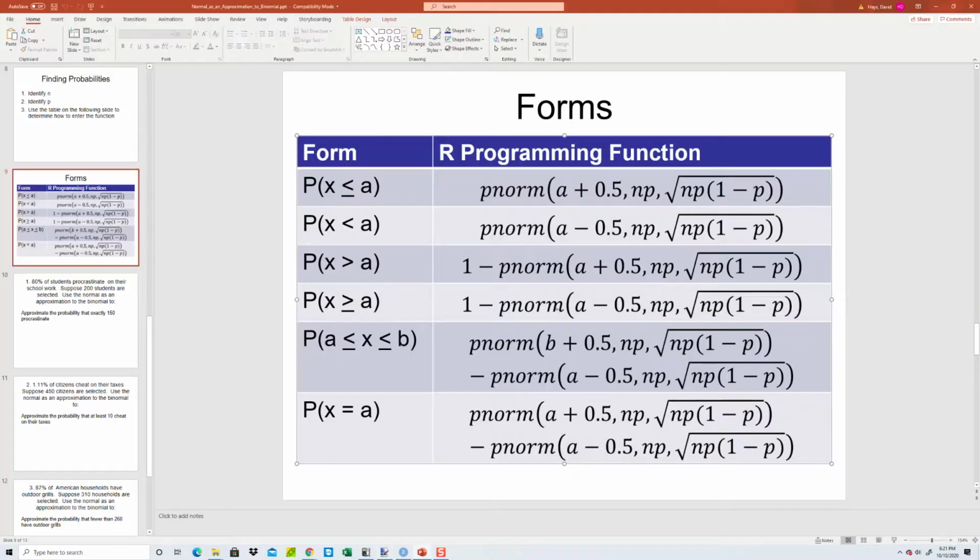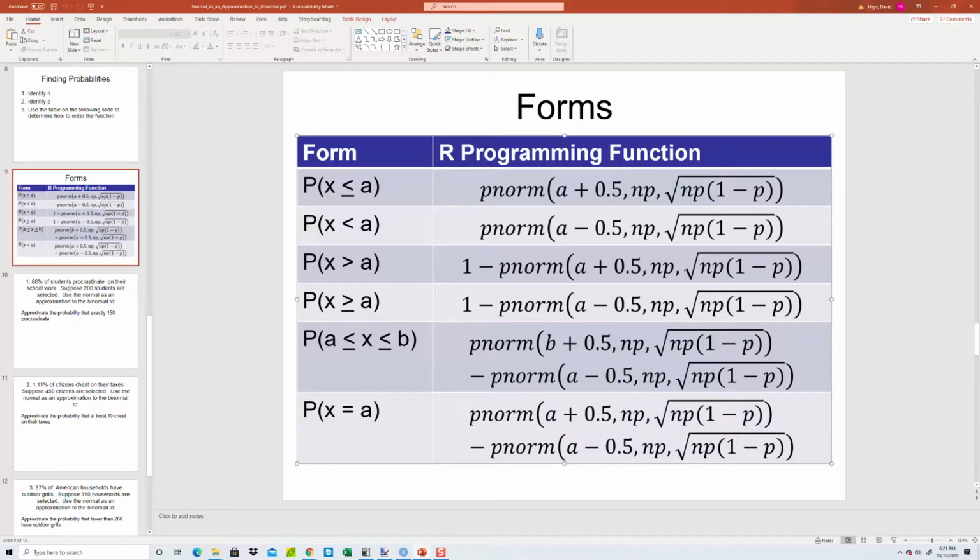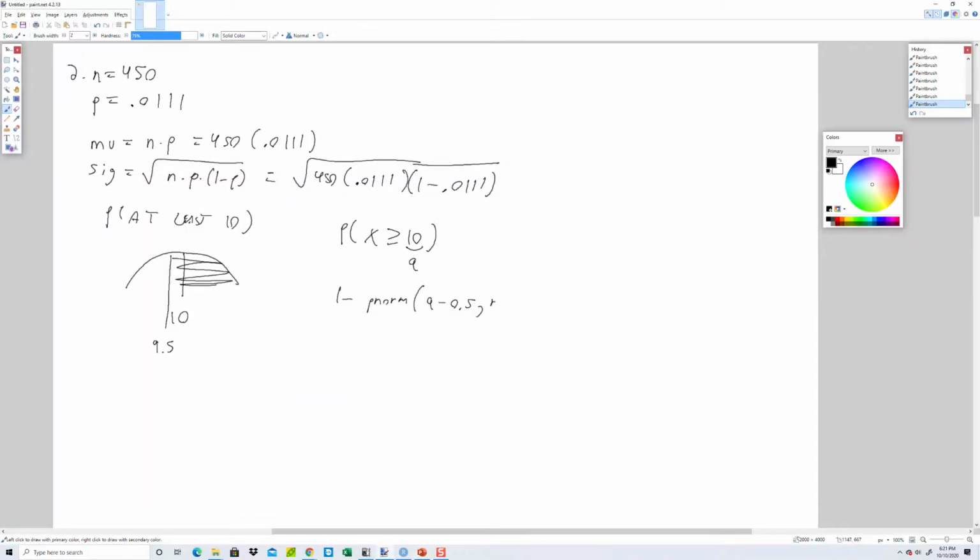And that says we want to plug it into this. 1 minus P norm, A minus 0.5, comma NP, comma square root of n times p times 1 minus p.